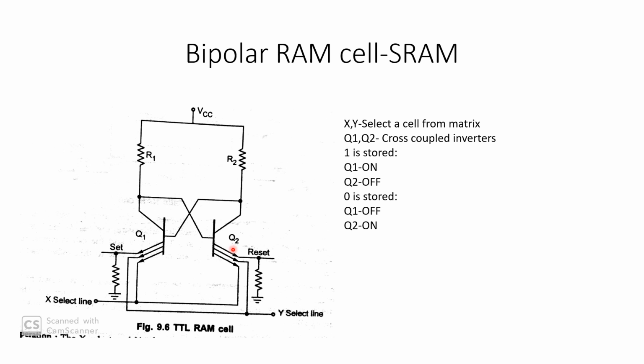So once Q1 is off, Q2 is on. If you want to turn Q2 off, you should pass a high impulse to the reset control pin. If this is 1, Q2 is off, and that 0 signal is passed to the base of Q1 so that Q1 is on. This is the logic behind the static RAM.